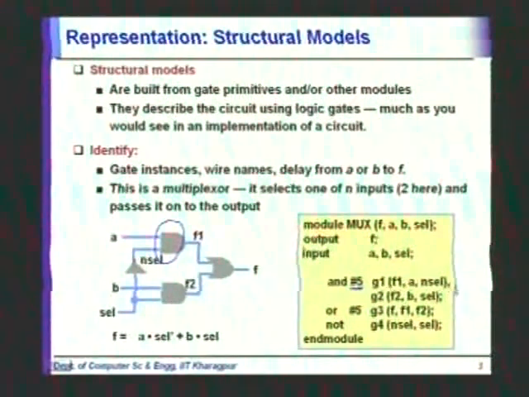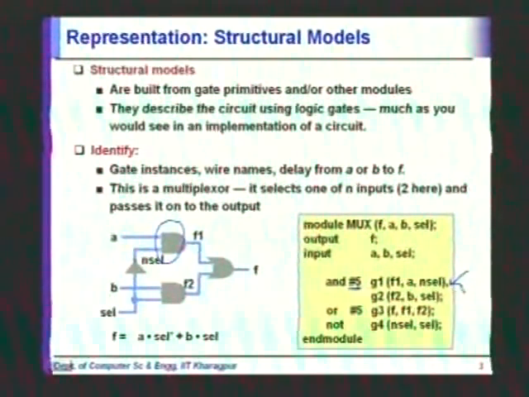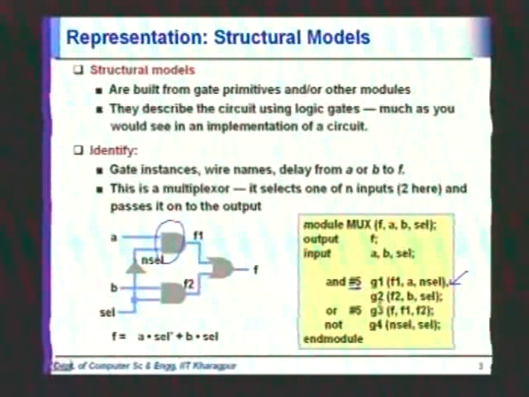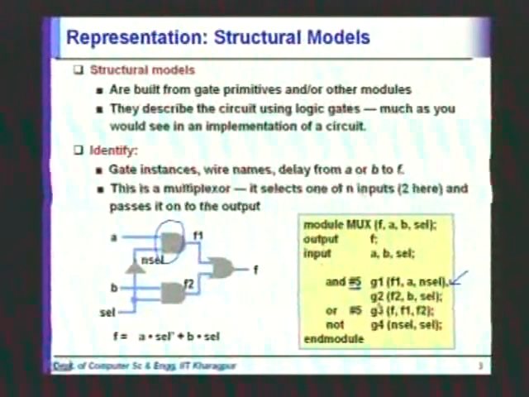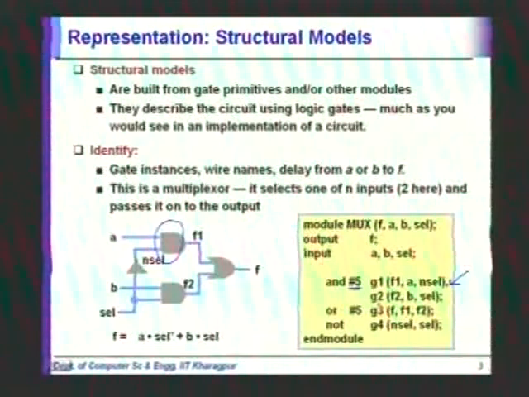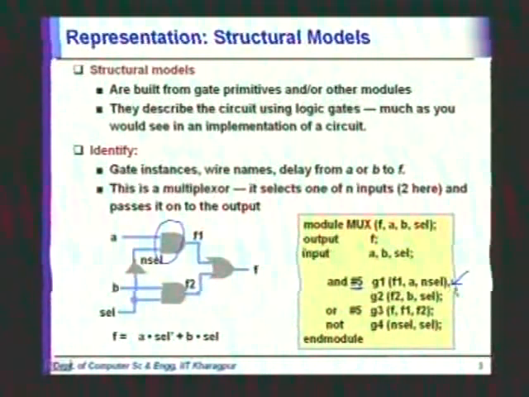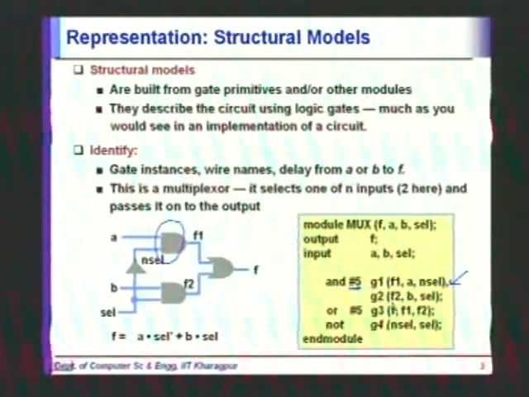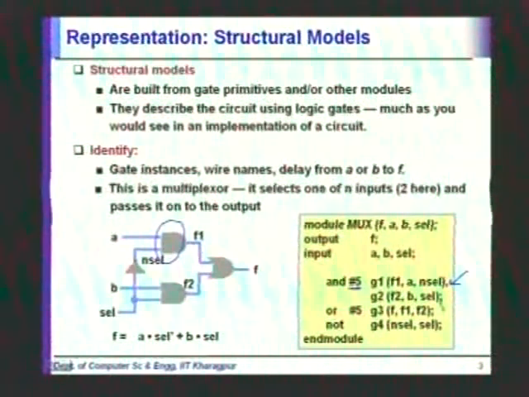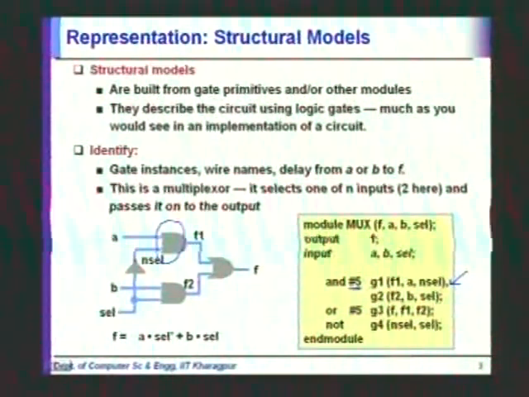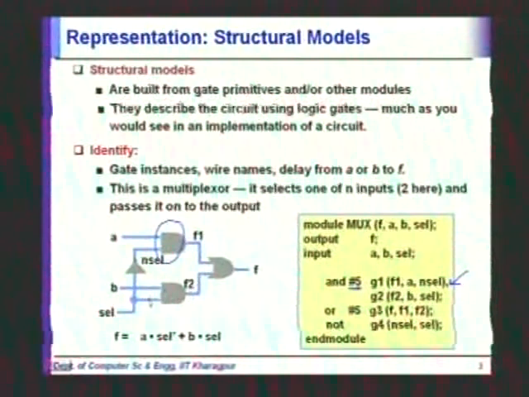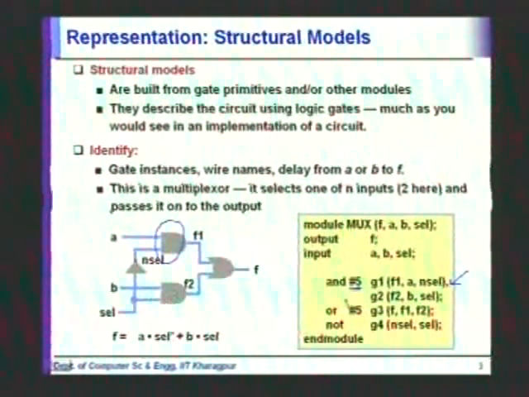So as you can see here, we have a comma, just like in C, where you can declare int A, B, C. So you are declaring G1, then G2, which is F2, B, ACL. That's because its output is F2 and B and ACL are its two inputs.